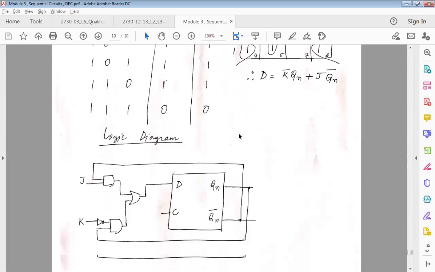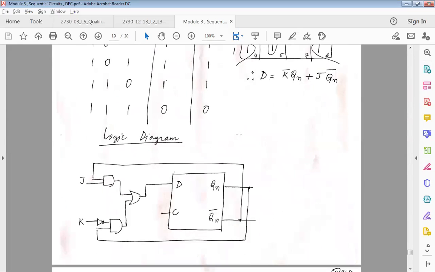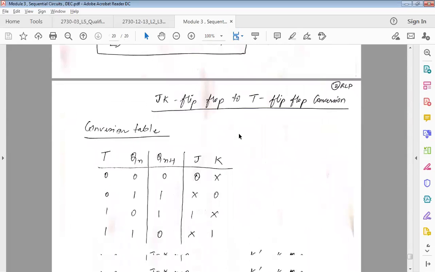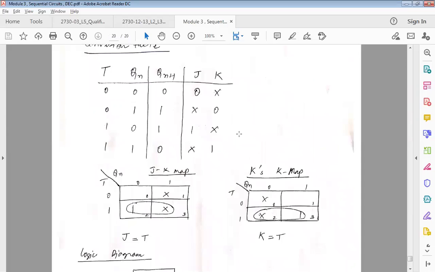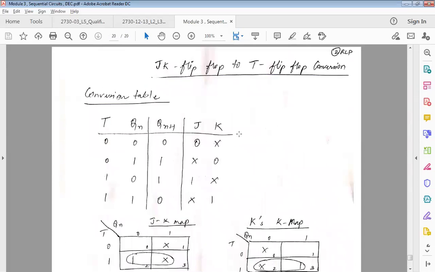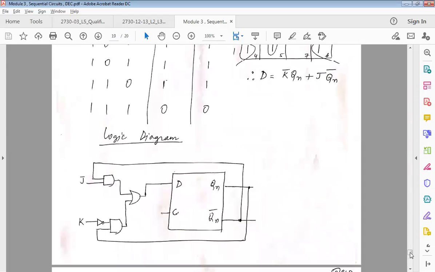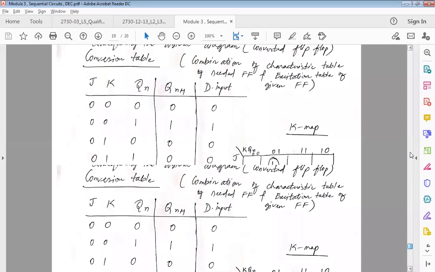We have a lot of exercises to do with respect to the excitation table and your state variables. I've just given you a glimpse of how we are going to look into it.